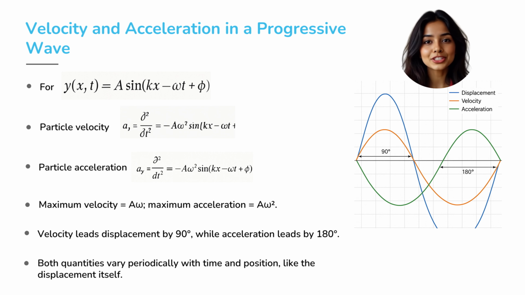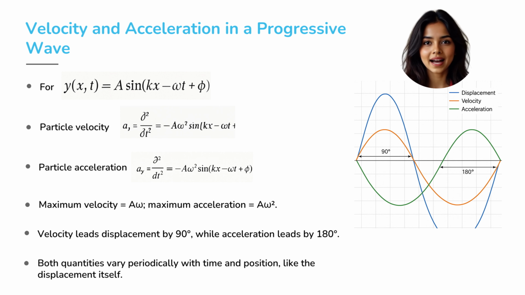Let's start with the displacement equation, y = A sin(kx - ωt + φ). If we differentiate with respect to time, we get v_y = -Aω cos(kx - ωt + φ). That's the particle velocity, how quickly a point moves up or down.